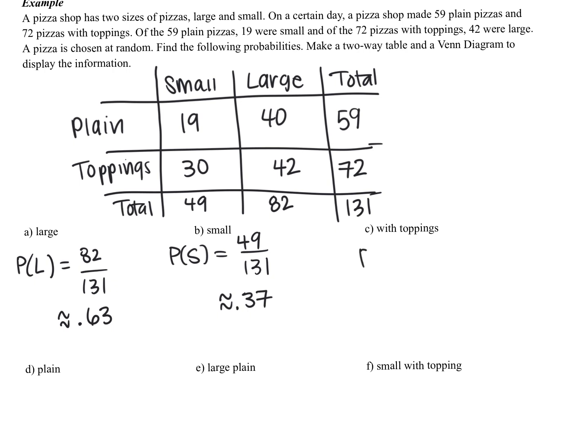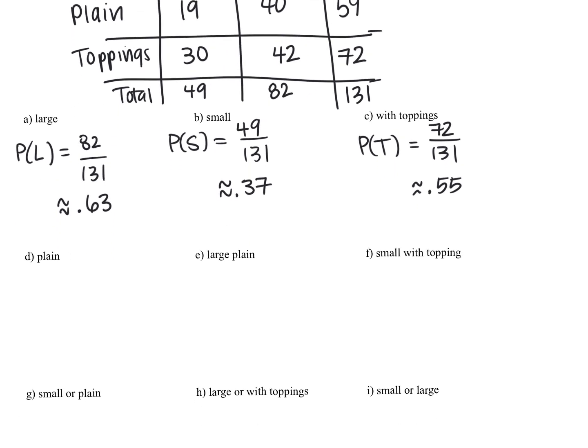Next, we want to find the probability you get a pizza with toppings. So that's 72 over 131, which is approximately 0.55. Next, we have the probability of a plain pizza, which is 59 over 131, which is approximately 0.45.